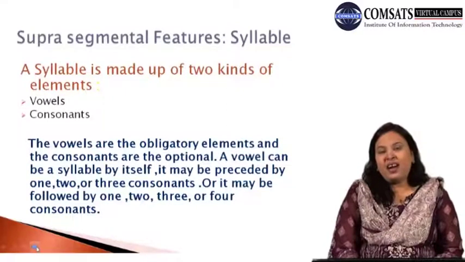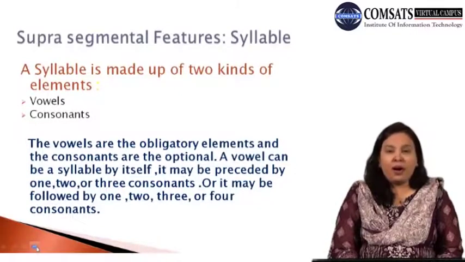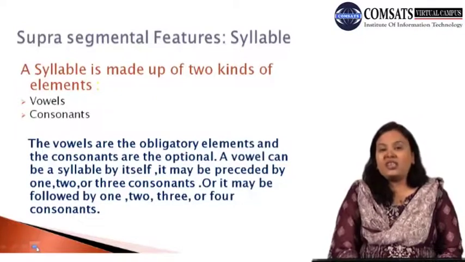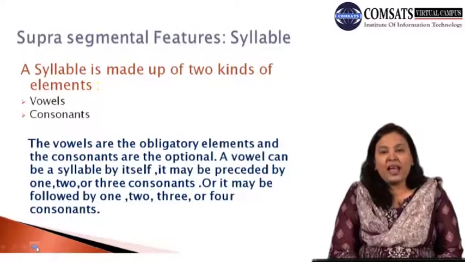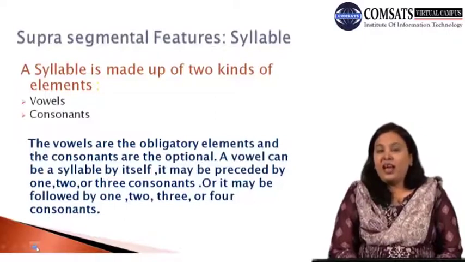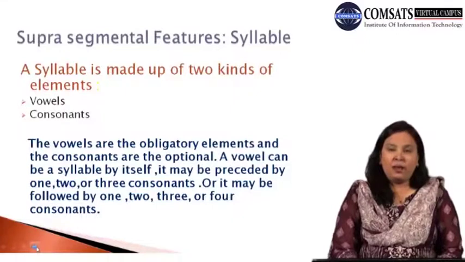A vowel can be itself a syllable, because as I mentioned, a vowel is an obligatory part of a syllable, so a single vowel can be a syllable. Take the example of the articles a, an, the. A is one vowel, and it is also one syllable. So this way a vowel itself can be a syllable.